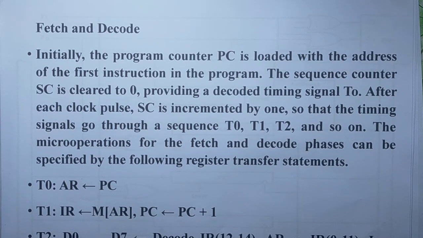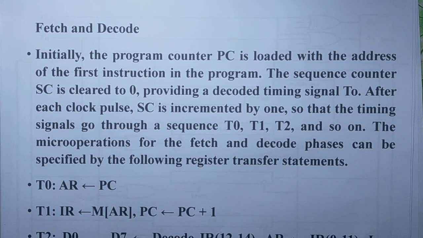PC identifies a particular instruction and is loaded with the address of the first instruction in the program, because a program contains a number of instructions. So PC identifies which instruction needs to execute. After compilation, each instruction is identified through the PC, like lines 1, 2, 3, 4, 5, each individual instruction.